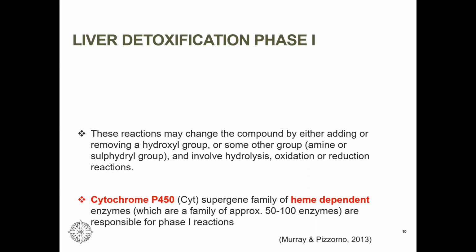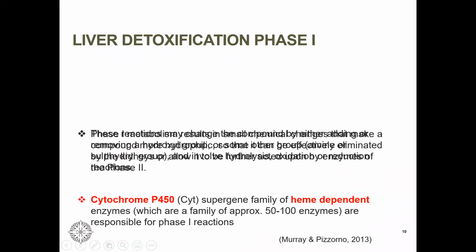I was just reading why it is called P450. So what you need to remember is that it is an iron dependent enzyme, and there are various forms of it. Okay, I'll come to that in the next slide.